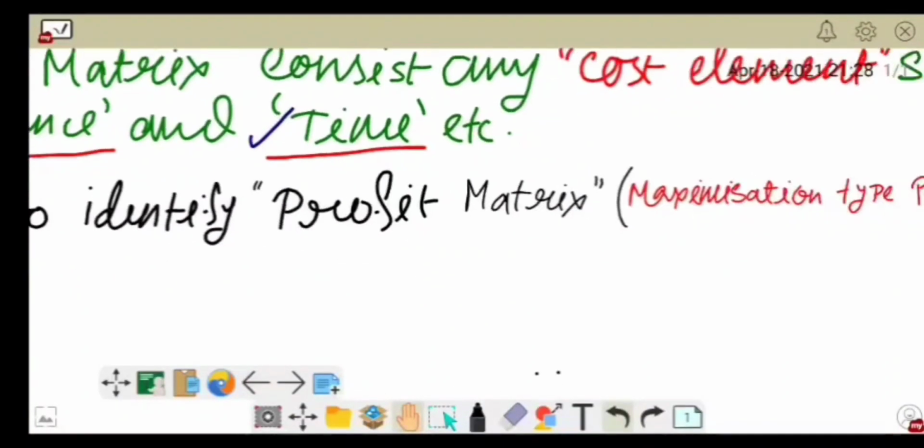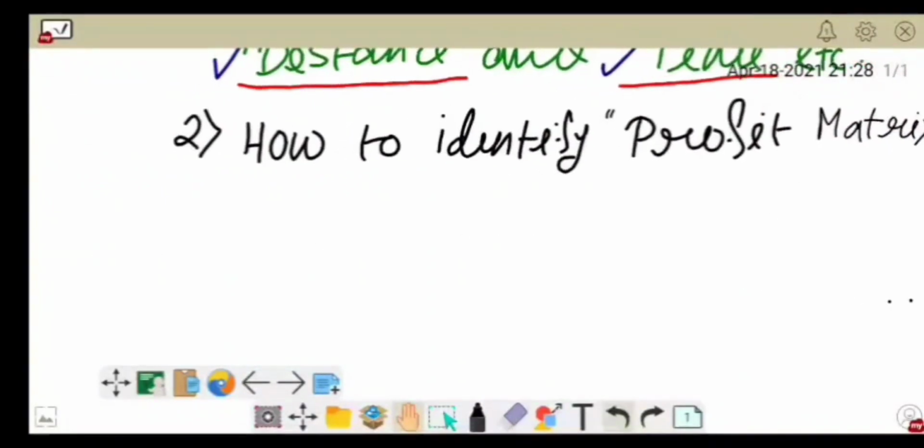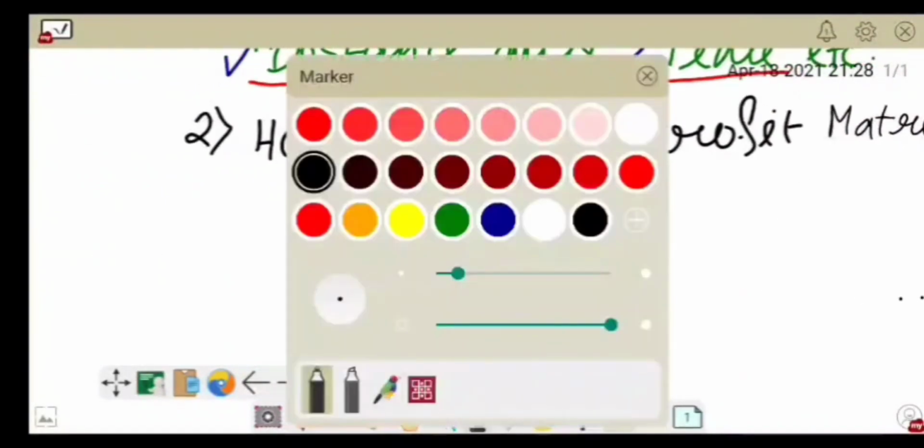So in that case, how to identify profit matrix?